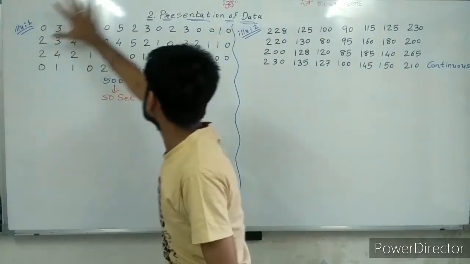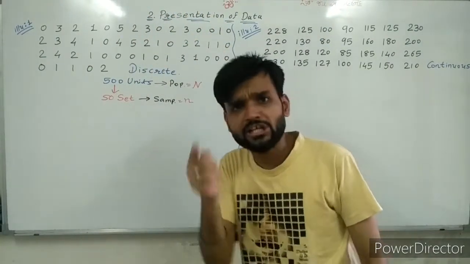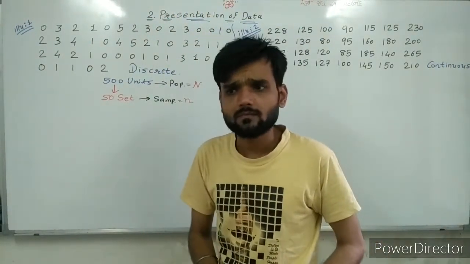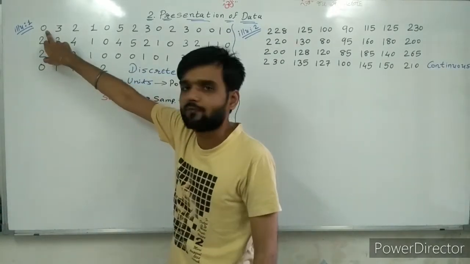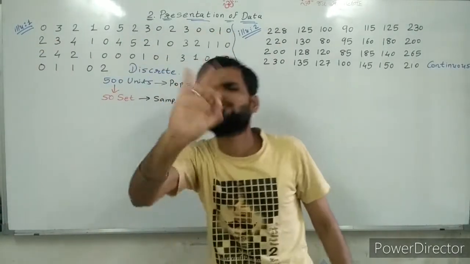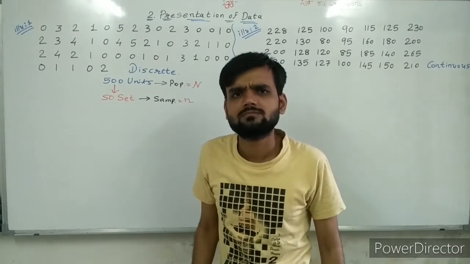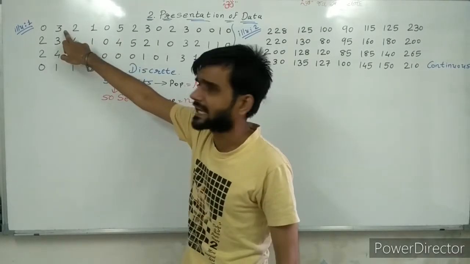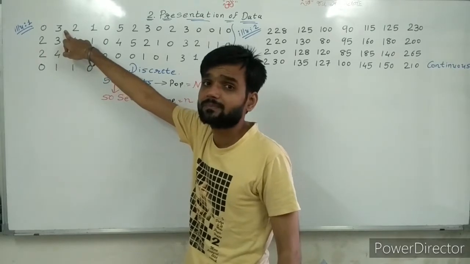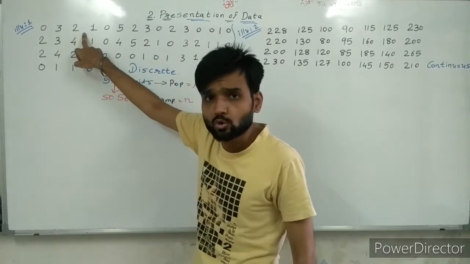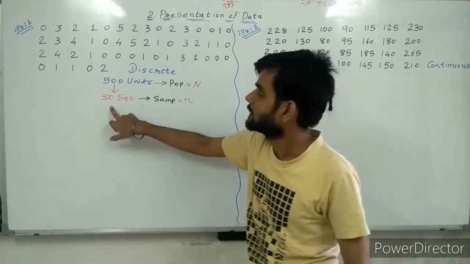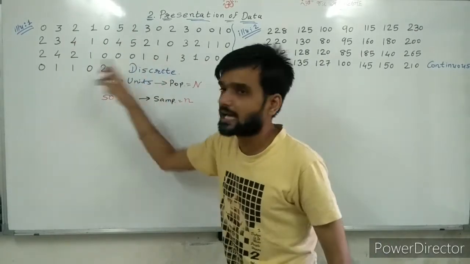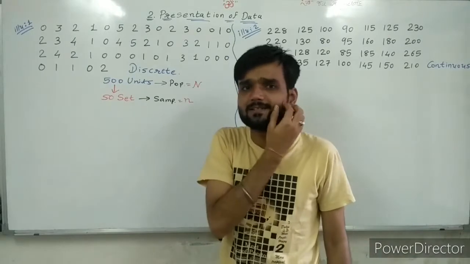So this is the number of defects in each television set. First television set taken and checked, 0 defects, there is no defect at all. In second, 3 defects. In third television, 2 defects. In this way, we have checked 50 sets. So here 50 pieces of information are given for 50 sets.